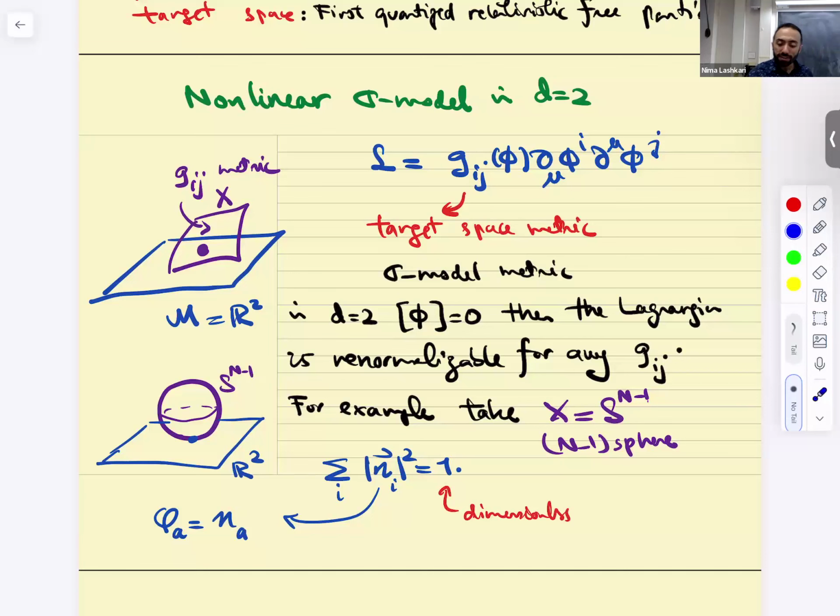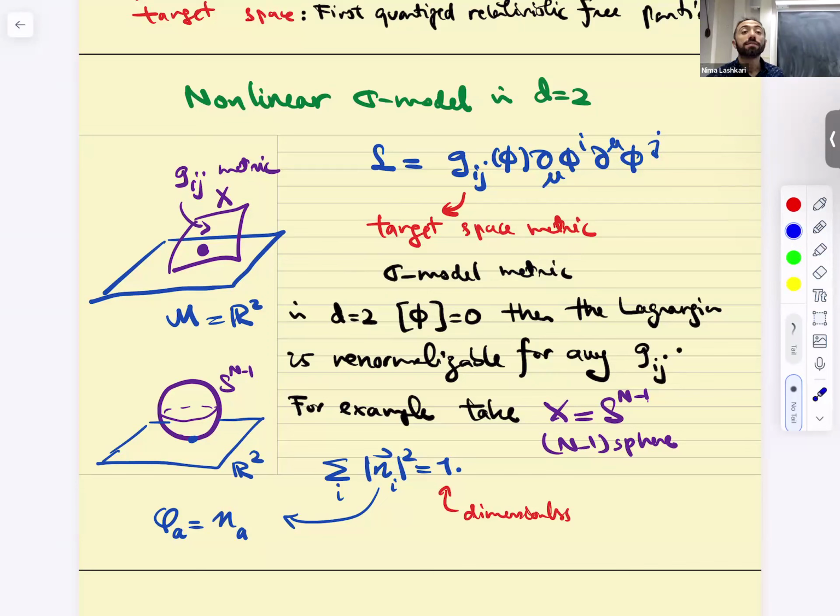That metric is a function of the value of the field. This is the tangent space metric, sometimes called the sigma model metric. This is nice because in 2 dimensions, the scaling dimension of phi is 0. So at least naively, the Lagrangian is generalizable for any metric Gij.